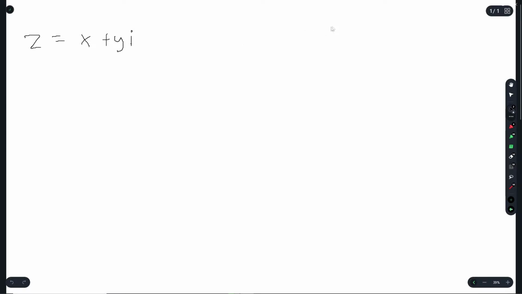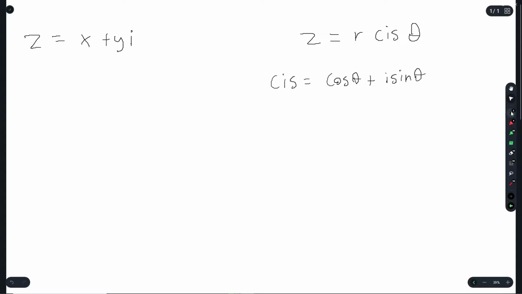And then you have z is equal to r cis theta. This is the polar form. Cis means cosine theta plus i sine theta. But for this lesson, we'll only use it as cis. You don't need to use it in the expanded form at all.